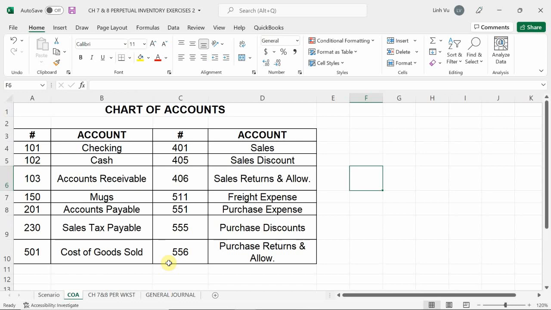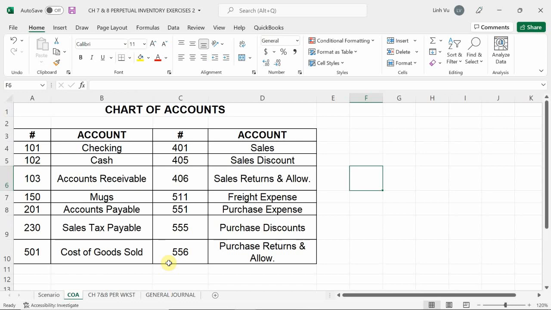No. So it would be checking. Now this is a merchant's account. On the merchant side, when we accept credit cards, we have the little box that wires the money straight to our checking account. So in this case, it goes straight to my checking account.